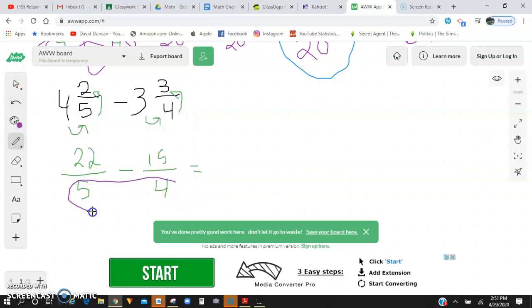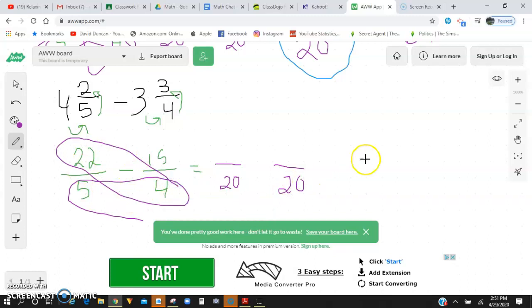The butterfly is 5 times 4, so I'm going to get 20. Always do the right wing first. 22 times 4 is going to get me 88. And then 5 times 15 is going to get me, let's see, 75.